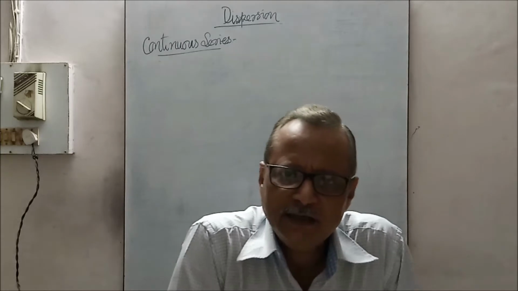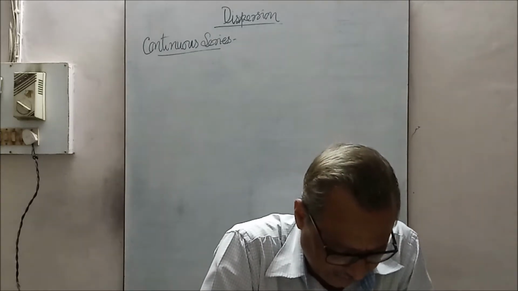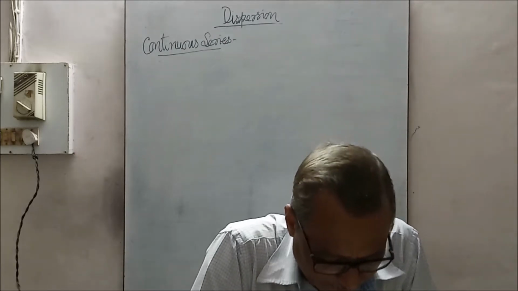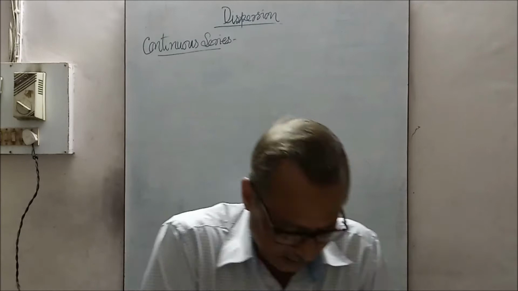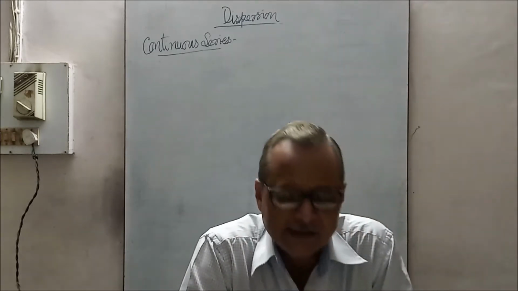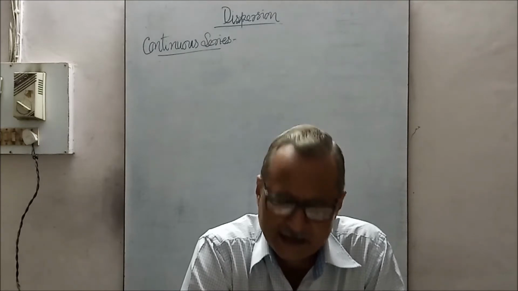Now first of all, in the continuous series, I am taking an example from your book. Example number 16, calculation of standard deviation in frequency distribution series, by the shortcut method and direct method. First we will take the direct method.